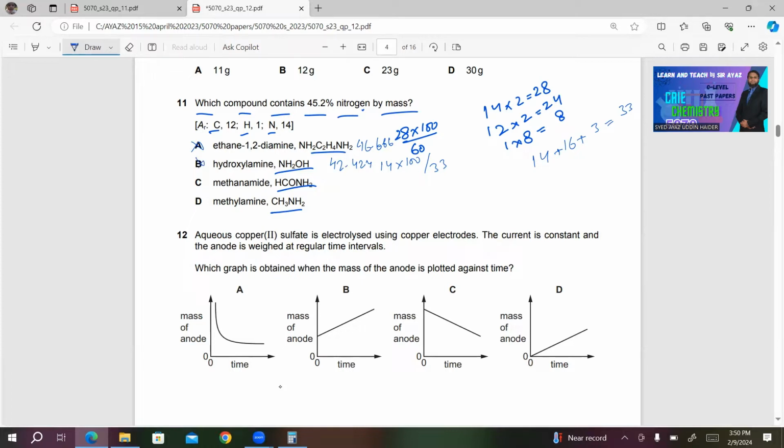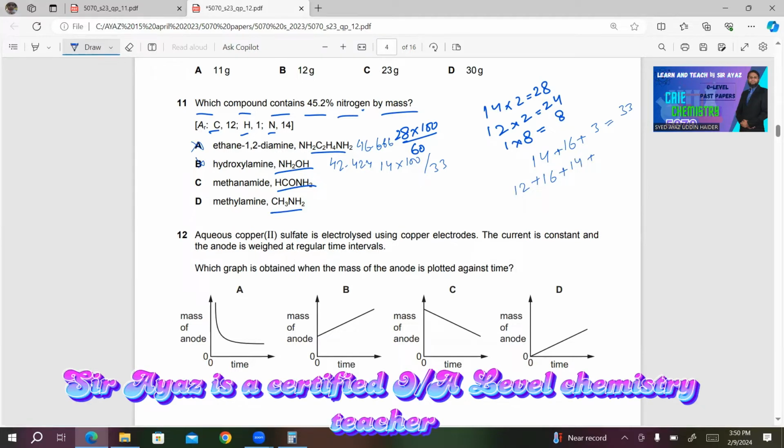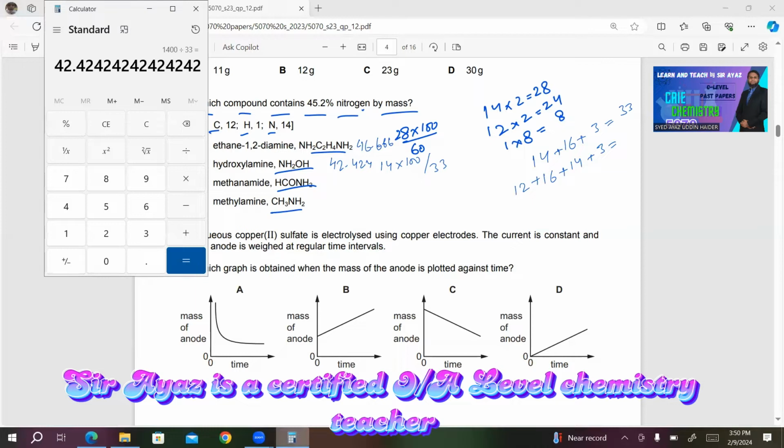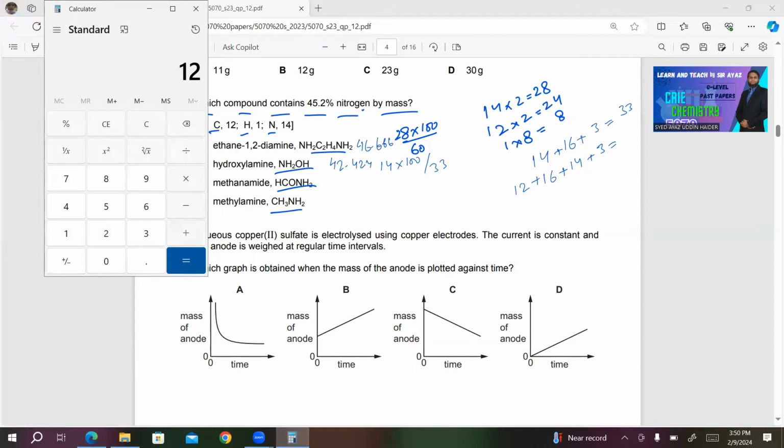But what about methane amide? We have HCONH2. 1 carbon, so 12. 1 oxygen, 16. 1 nitrogen, 14. 3 hydrogen, 3. So you should add up these. 12 plus 16 plus 14 plus 3, 45.